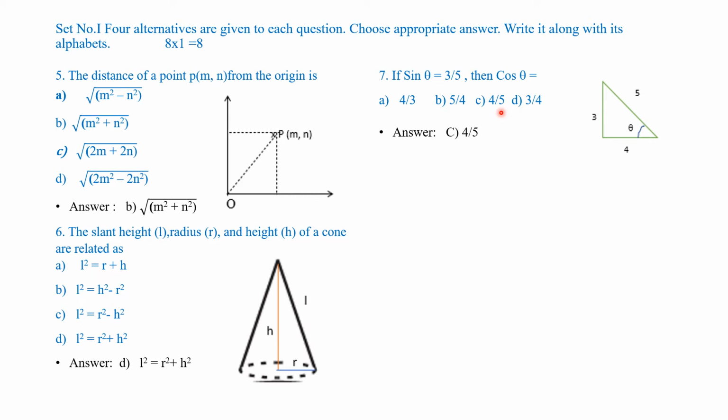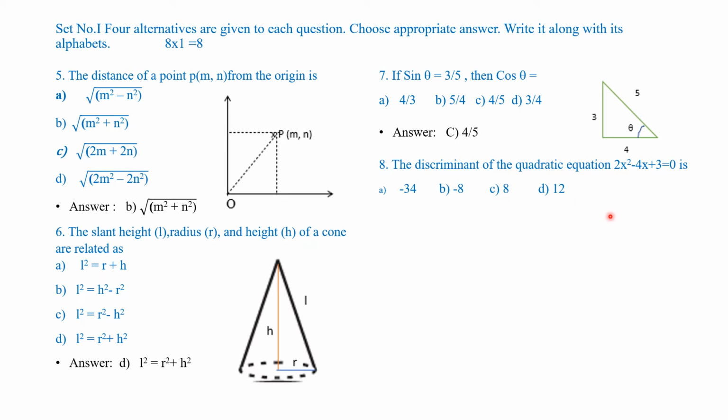Now let us answer question number 8. This is the last multiple choice question in set number 1. The question reads, the discriminant of the quadratic equation 2x square minus 4x plus 3 equals 0 is, and he has given options minus 8, minus 4, 8 and 12.